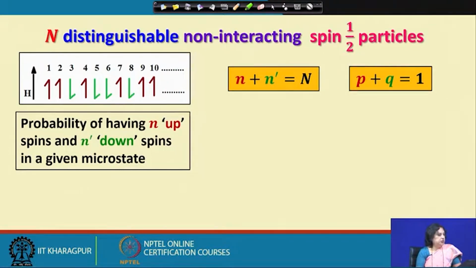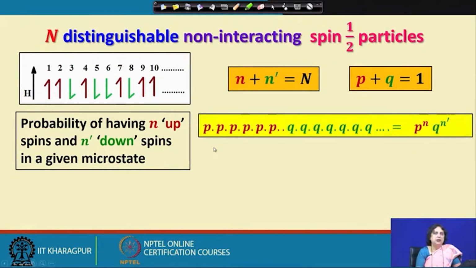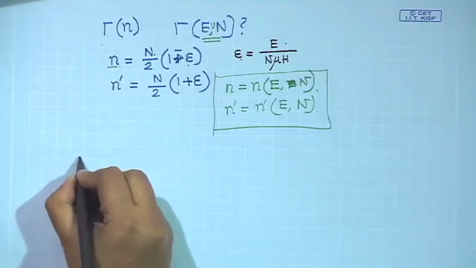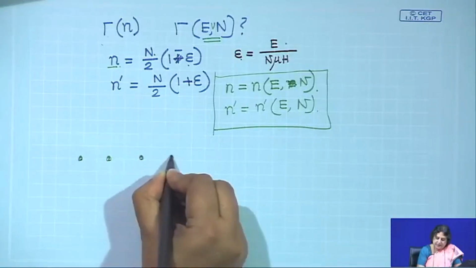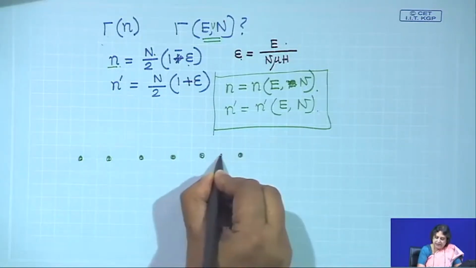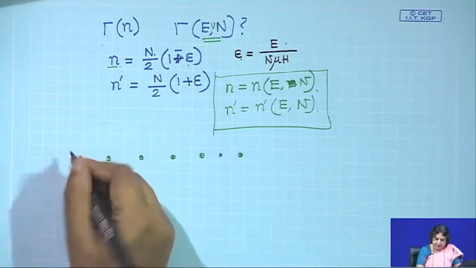I ask the question, what is the probability of having a microscopic state that has small n up spins and small n prime down spins? So, let us say that particle 1, particle 5, particle 7, etc., have up spin and the other particles have down spin. If I have a total of capital N of these sites, some of them are having up spins.